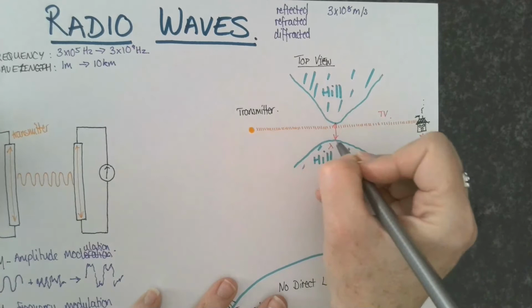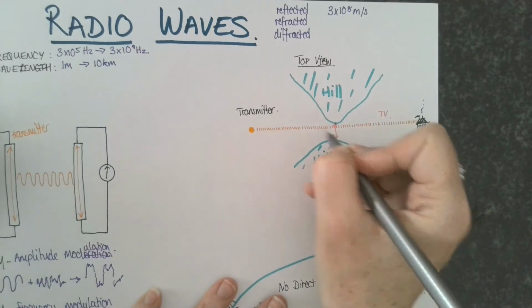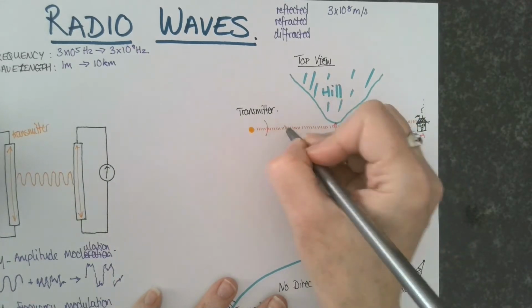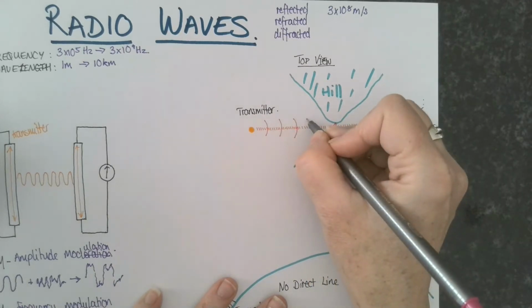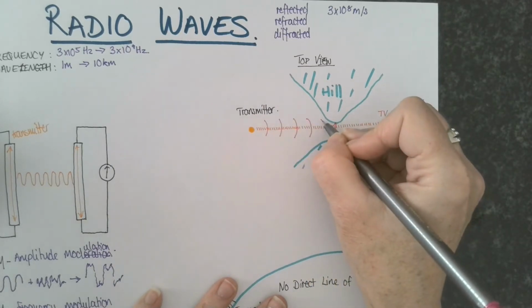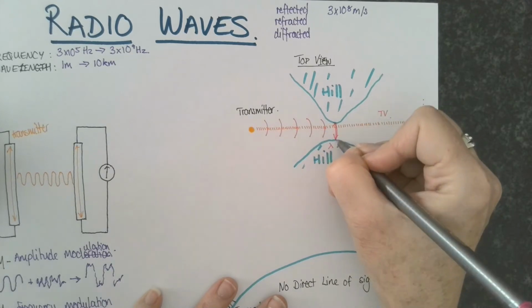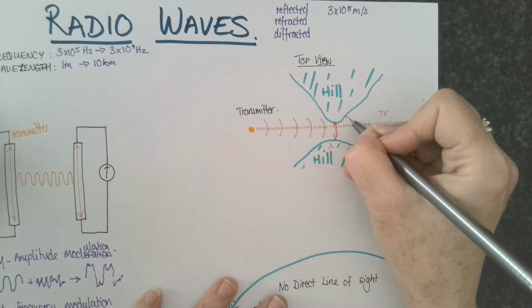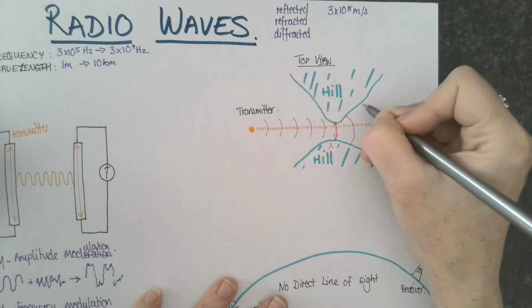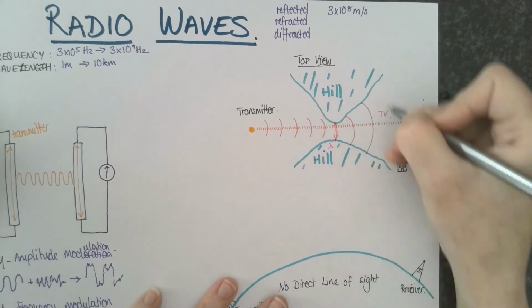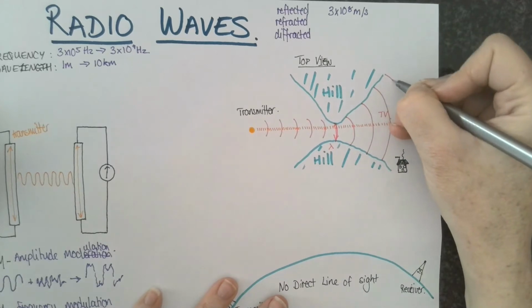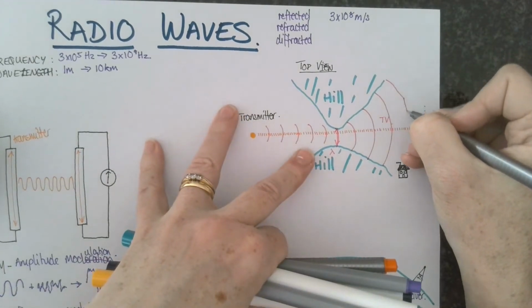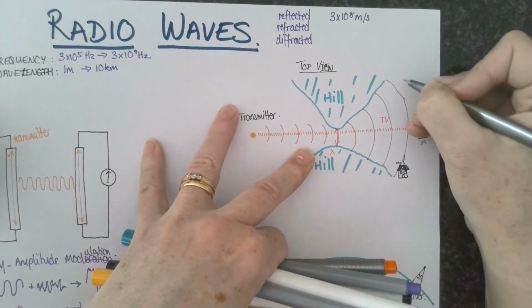So if our wavelength is about that distance, so what I'll do to show the wavelength is I'll have the difference between my wave fronts as about the same. Then I get maximum diffraction as it goes through the gap between the hill, and the waves continue to spread out, and they are received.